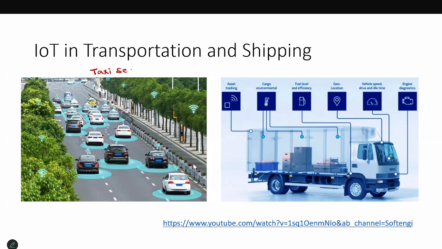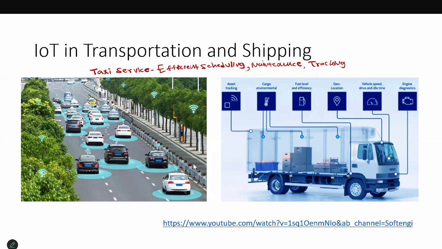Some taxi service, and these taxis are embedded with sensors, and we can collect data from these taxis, and then send it to an IoT interface, and then we can use it for efficient scheduling, and even the maintenance related things, and tracking. These kinds of operations can be performed through the use of sensors.